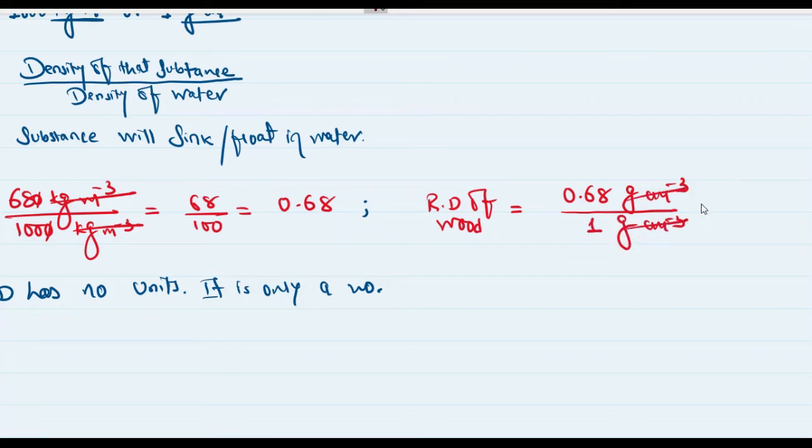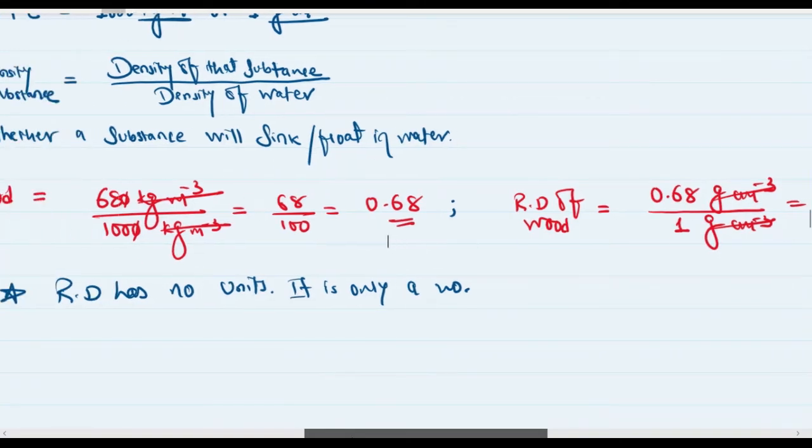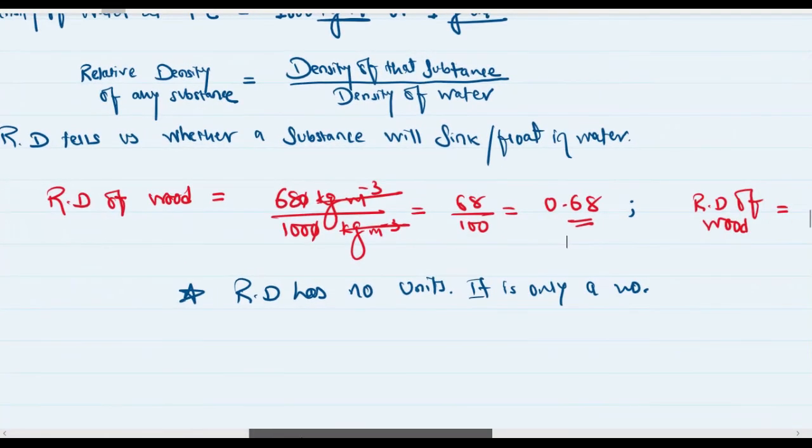Okay, so this cuts right away and we get again 0.68. So it does not matter whether you take the density of the substance whose relative density has to be found out and density of water in kg per meter cube, that is SI unit, or gram per centimeter cube. If you put them in the formula of relative density, you will find the same answer. The answer of relative density does not change.